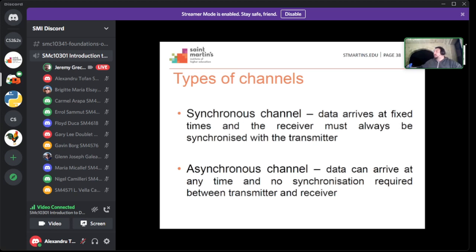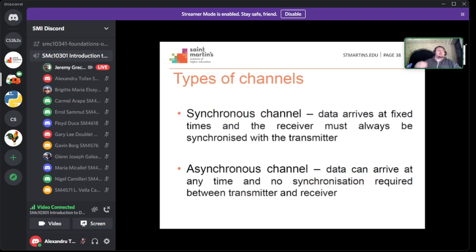Nowadays television is also transmitted digitally. So if you are watching live TV, then essentially you are literally in sync with your service provider, and they are providing live television for that particular channel that you are watching at that given point in time. So that is a synchronous channel.